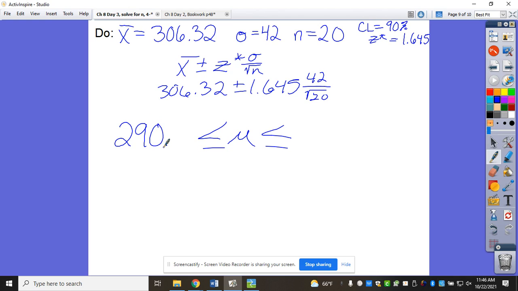I typically go to 4 decimals, so 290.8710, just because in the past I usually do this. And then what's my upper value? 321.7690.